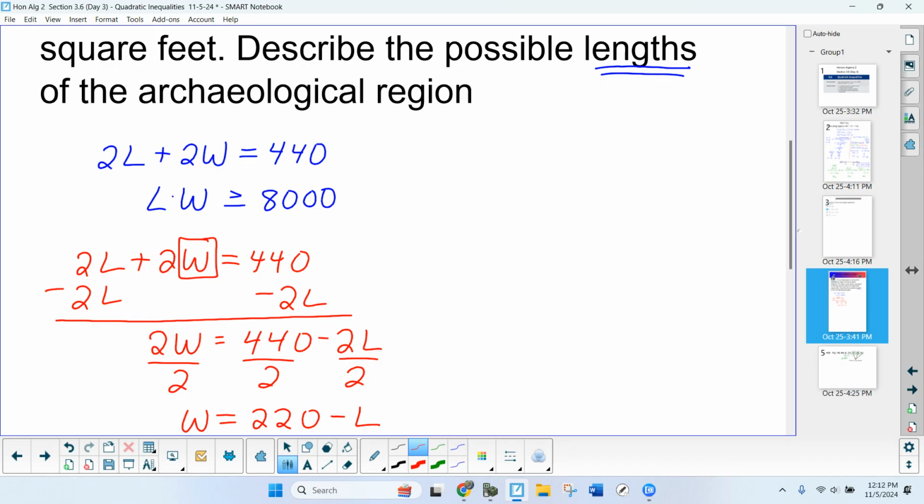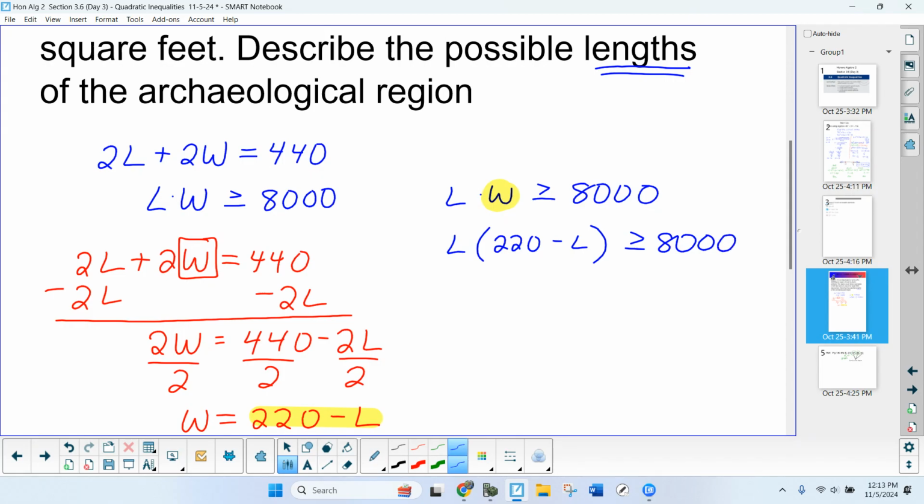Again, I solve for W because now I'm going to come into my inequality, and everywhere I see a W, I'm going to replace it with what? 220 minus L. So I'm going to say L, and then I have 220 minus L has to be greater than or equal to 8,000.